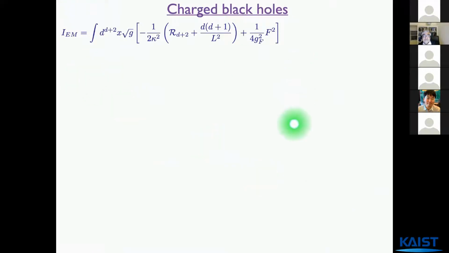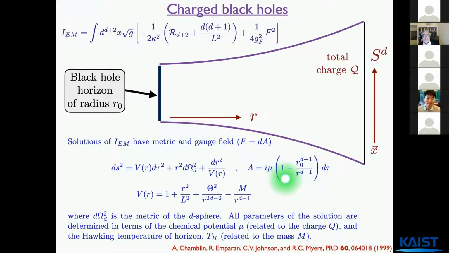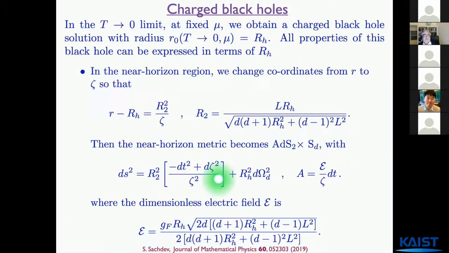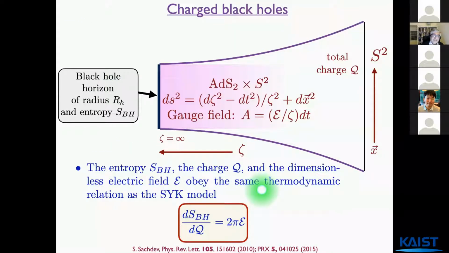Okay, so here's the action again, and here's the solution. The details don't matter very much. Basically all the parameters in the solution can be determined in terms of the boundary condition and the Hawking temperature, the charge Q and the Hawking temperature. So all these numbers can be determined. Let me just show you the picture here. This is the important picture.